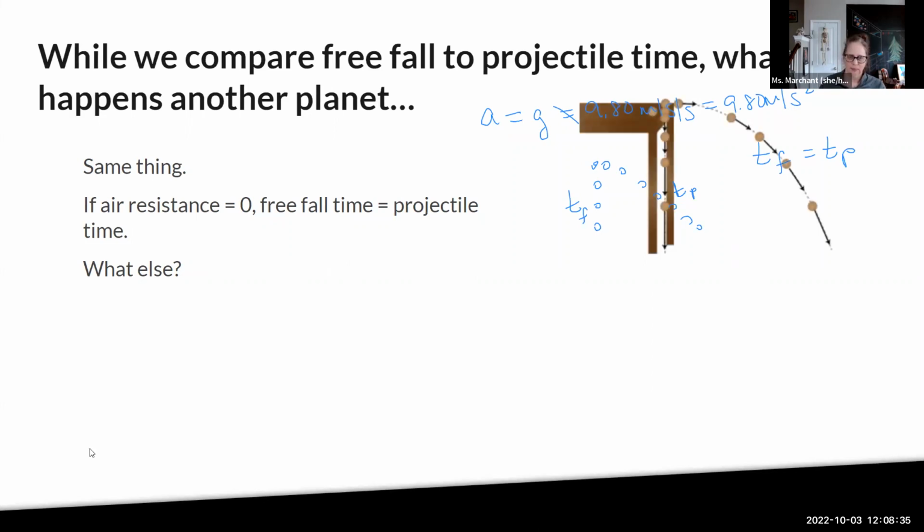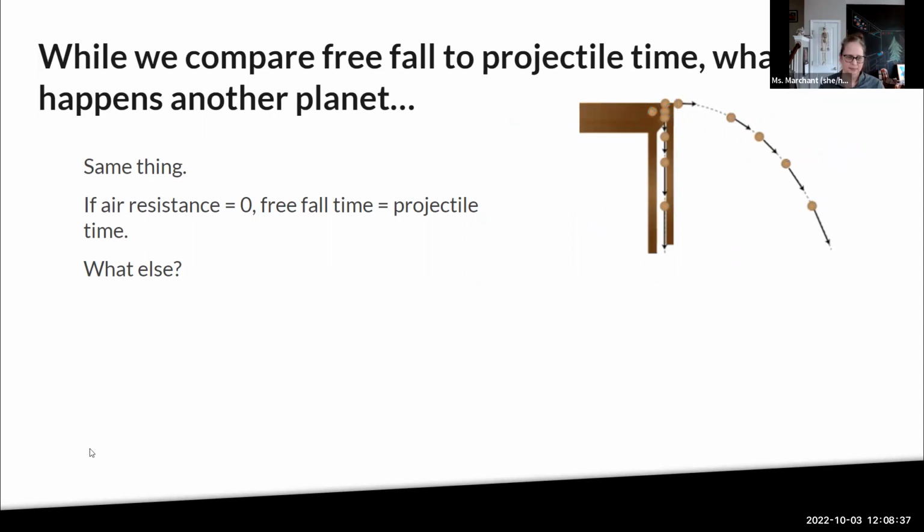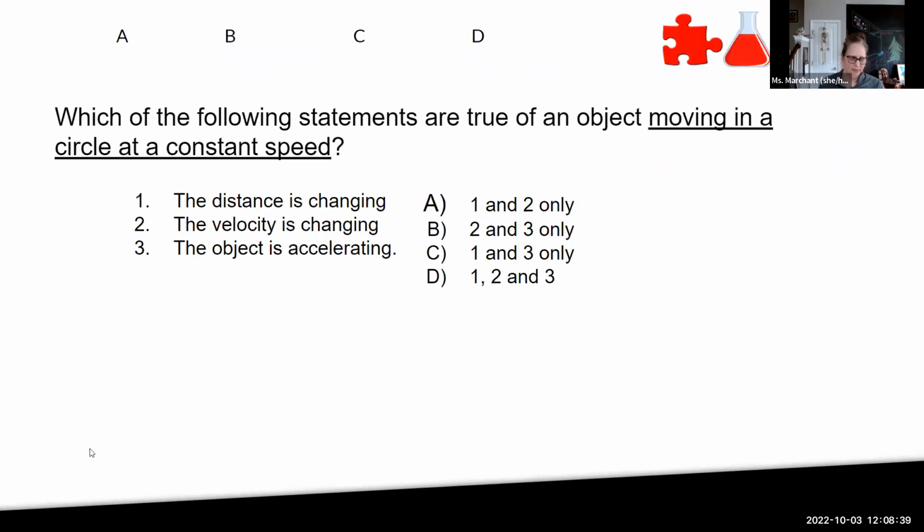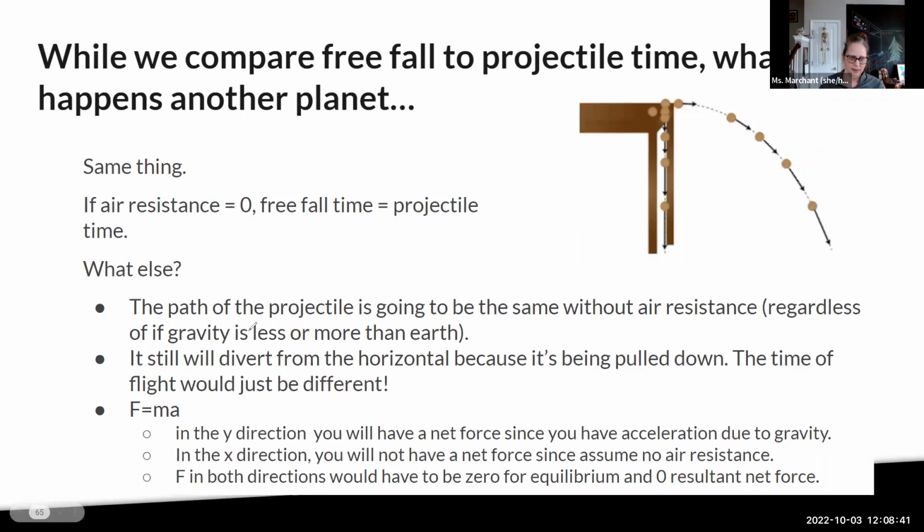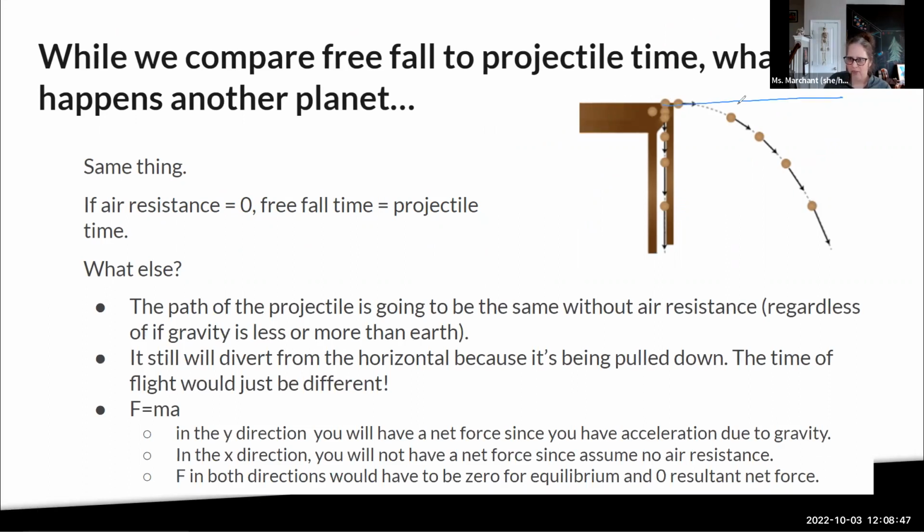What else do we know? Okay. The path of the projectile is going to be the same. It's going to diverge off of the velocity x line, or the distance or the x line, either way you want to say it, because it's going to be pulled down by gravity.